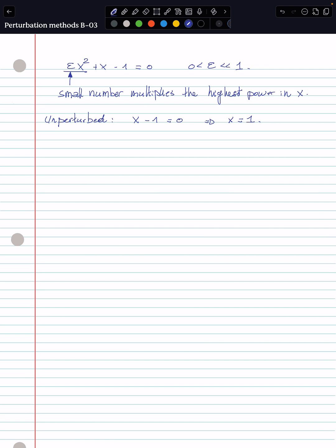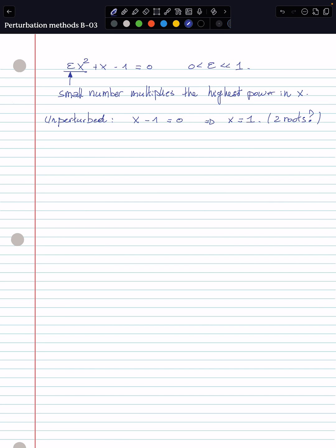That's curious, right? Because we would expect 2 roots, but there's only 1 root. And so as we add this small perturbation, there is a second root coming into the problem.